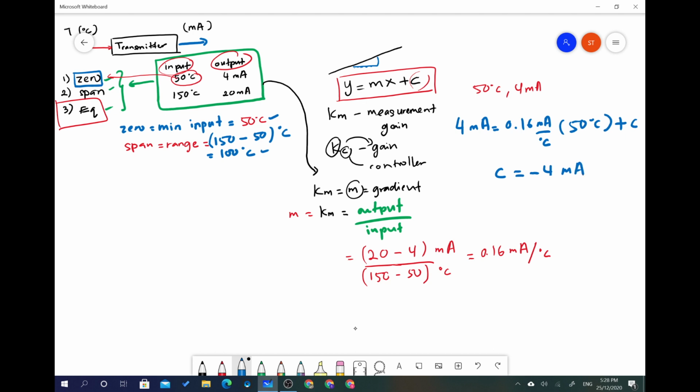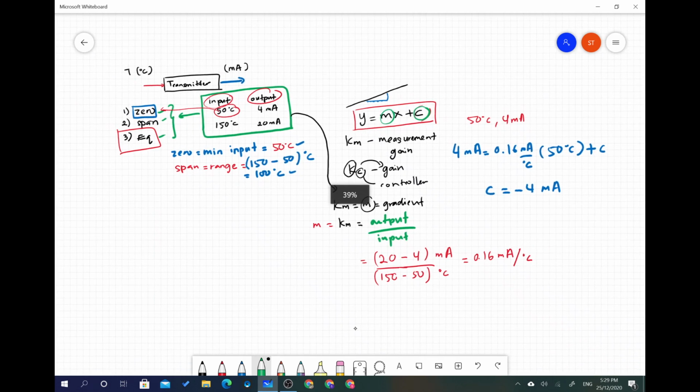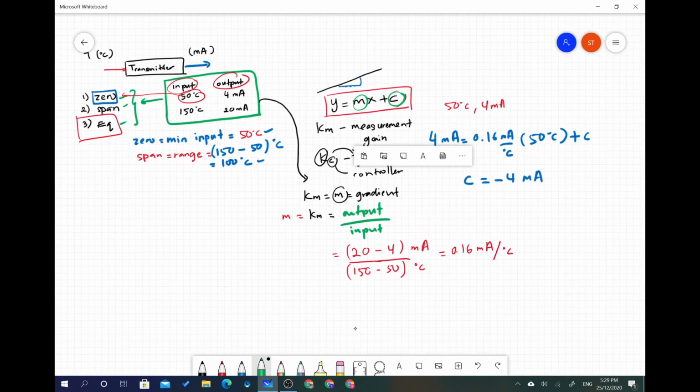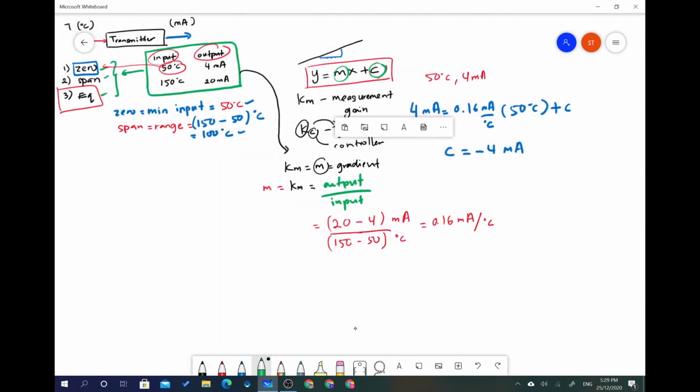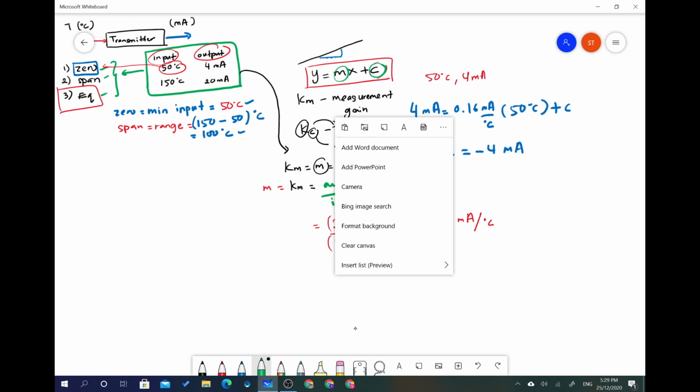Once you get the value of m and the value of c, you can substitute directly. It's quite interesting to use this whiteboard.